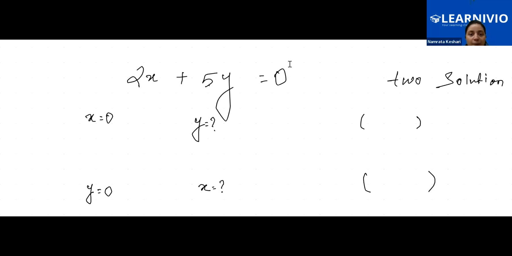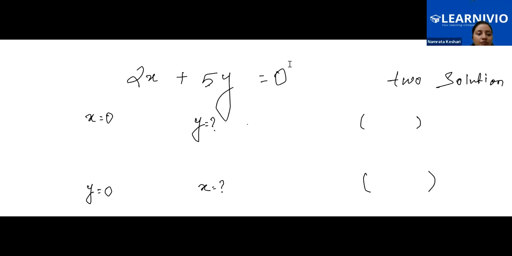First tell me. Ma'am, I got 0. Okay, Ayan got 0. When he took x as 0, he ended up getting y as 0. What about you, Sara and Sazia? Yes, it will come out as 0.